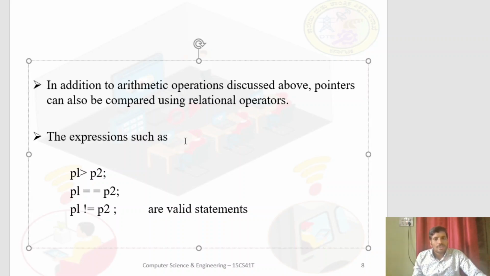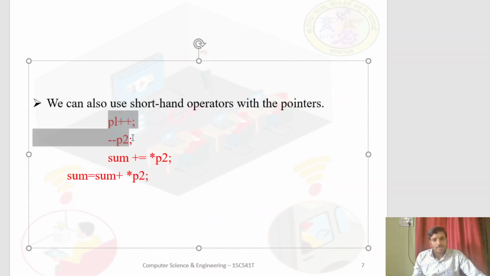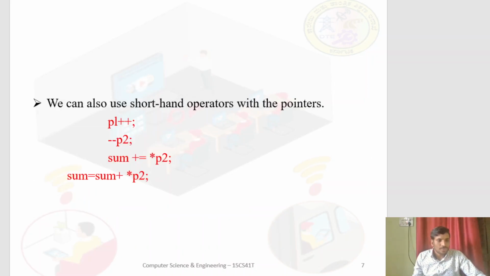When we use the relational expressions, when there is a comparison between two numbers or two pointers, there we use the relational operators. So such types of relational expressions are valid on the pointers. Okay, students. I will demonstrate this one along with this increment and decrement.